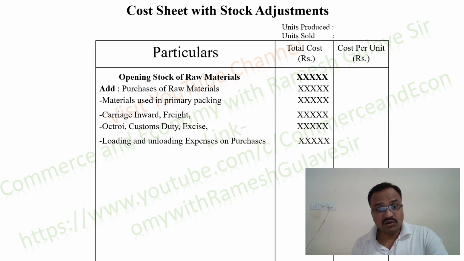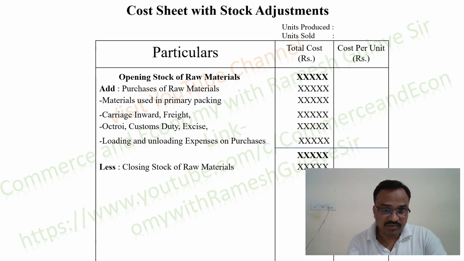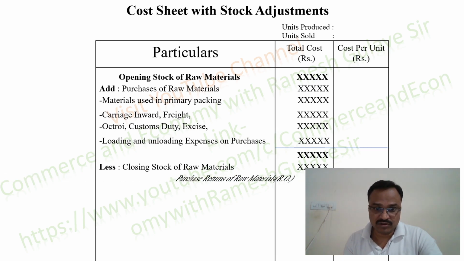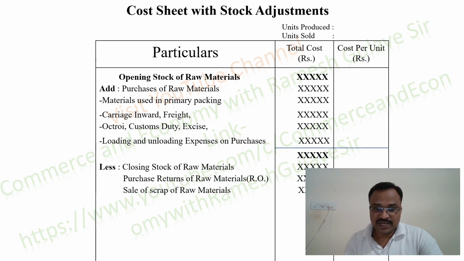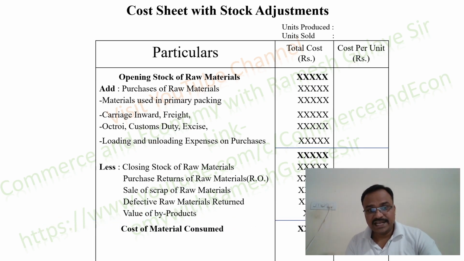Then loading and unloading expenses on purchases are added. And after addition of all these things, we subtract the closing stock of raw material and purchase returns of raw material. Then sale of scrap of raw materials, then defective raw materials, then value of byproducts, and then we get the cost of material consumed, right?